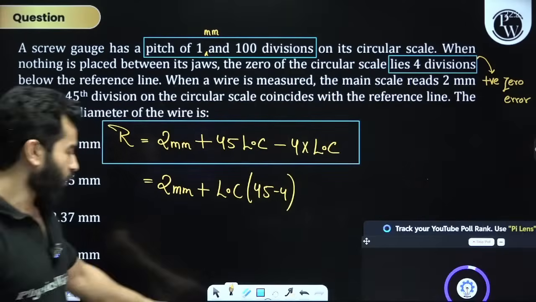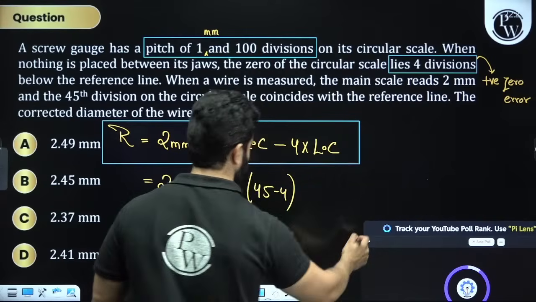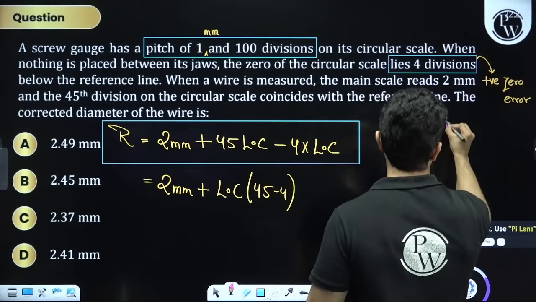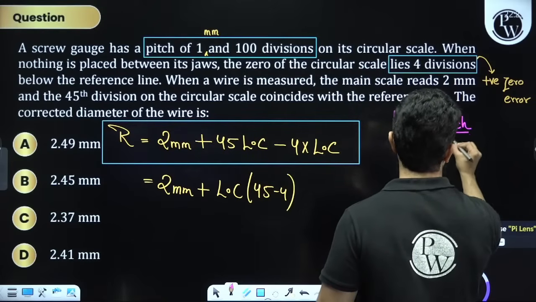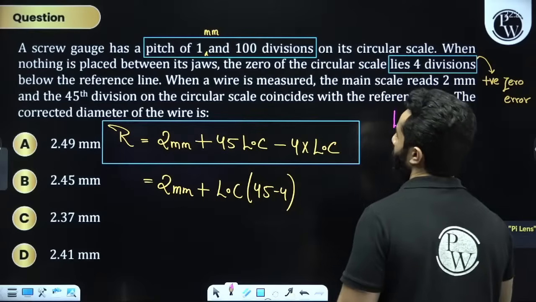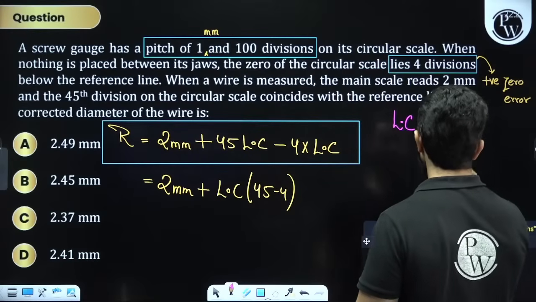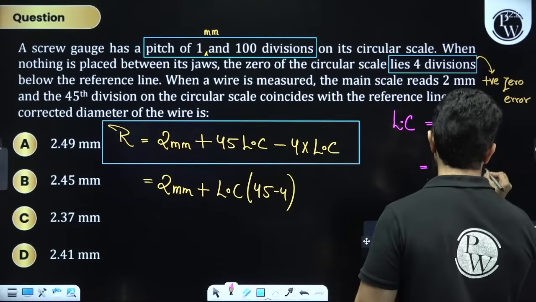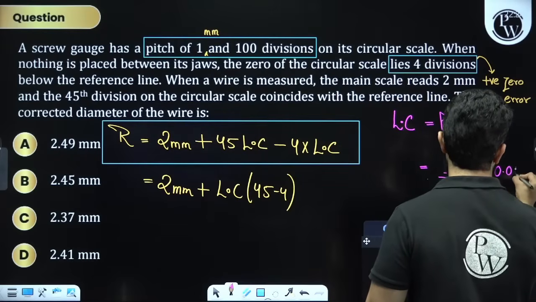And remember, the formula for least count is pitch divided by total number of circular divisions. So pitch is 1 millimeter and total number of circular divisions are 100. So answer will be 0.01 millimeter.